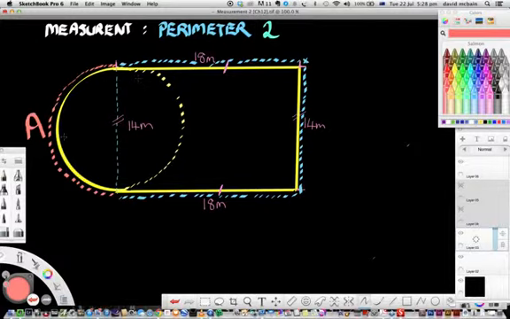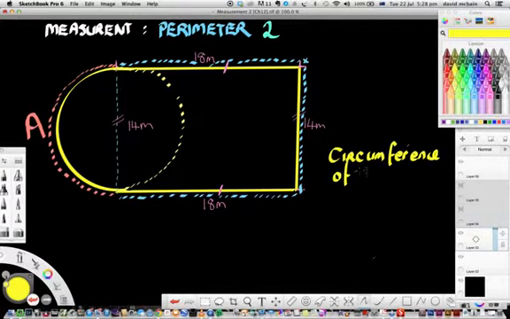So let's work out the circumference of the full circle first. So the circumference of our circle. Now remember, the circumference is the full distance around a full circle. So the circumference of our circle, which is this circle here, the full circle, is going to equal 2 times pi times r.